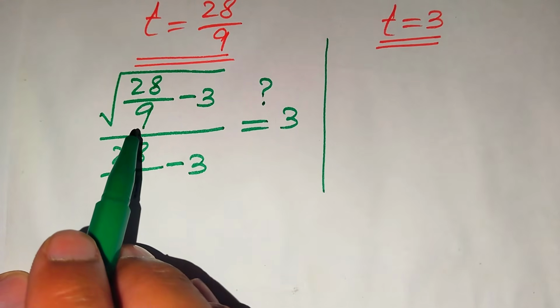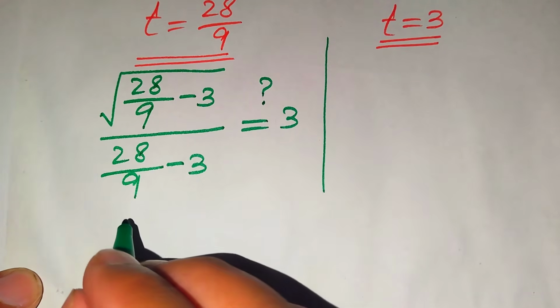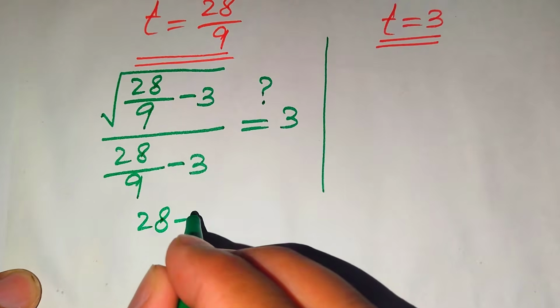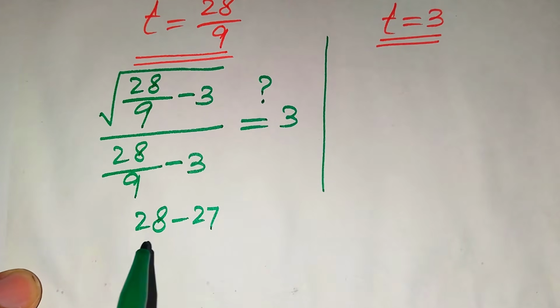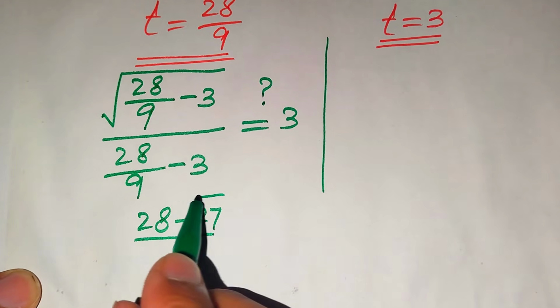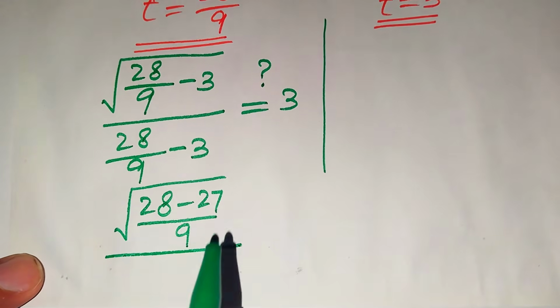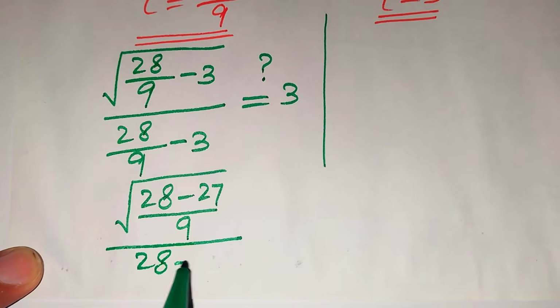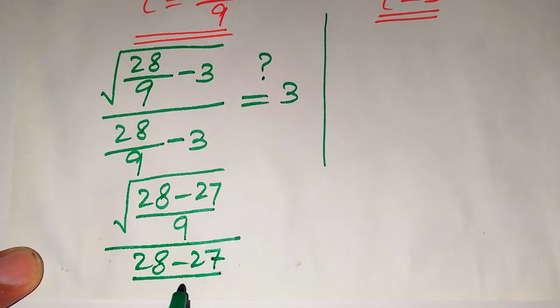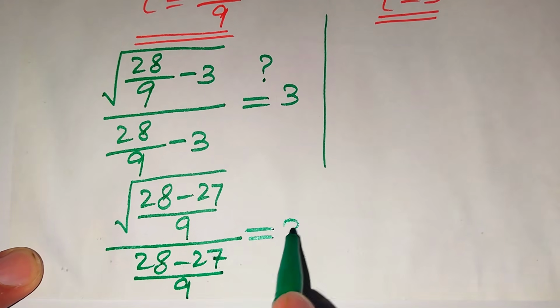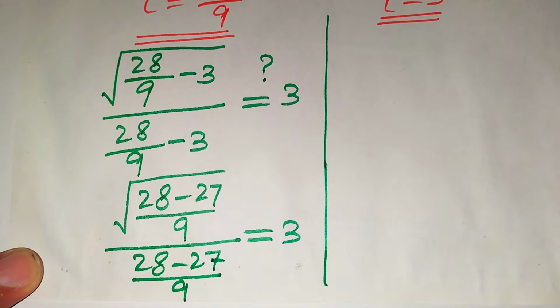So further here we need to take the LCM of this term, and this will be written as the square root of 28 minus 27 divided by 9, divided by, again taking the LCM of this term, 28 minus 27 divided by 9, and this equals 3.